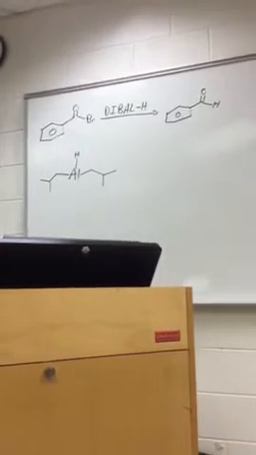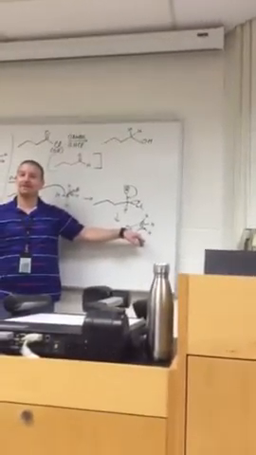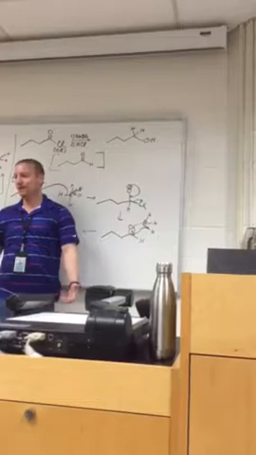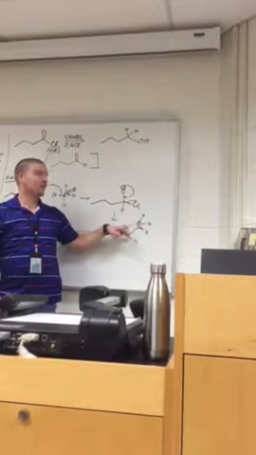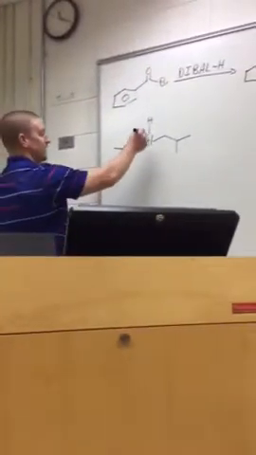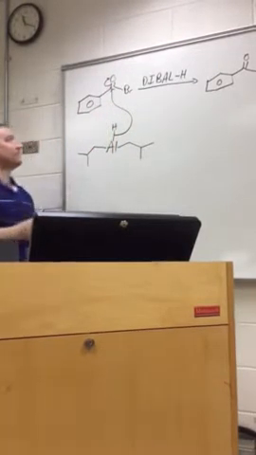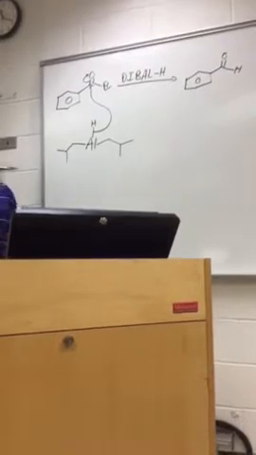So I'm not going to show it like this, okay? But it's going to behave pretty much exactly like this, okay? I'm going to simplify it a little bit just to make your lives a little bit easier. But just like the boron can coordinate, so can the aluminum, okay? But ultimately, it's going to take this pair of electrons, deliver the hydride, kick up, make the alkoxide tetrahedral intermediate.